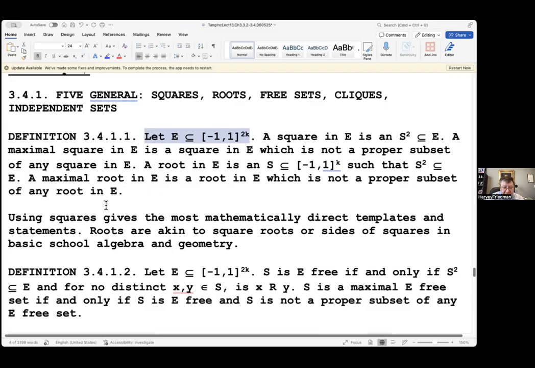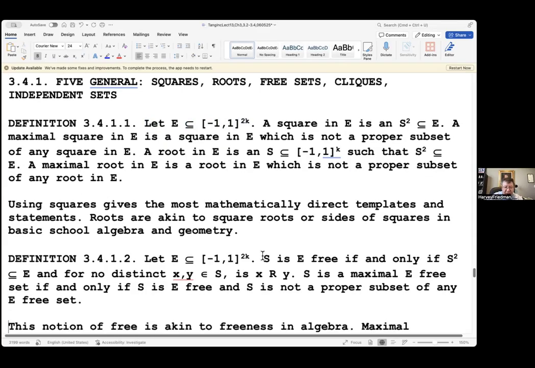Using squares is probably the most mathematically direct template of all for a mathematically experienced person. Just talk about maximal squares and statements. Roots are akin to square roots or sides of squares in basic high school algebra and geometry. They're also pretty basic.